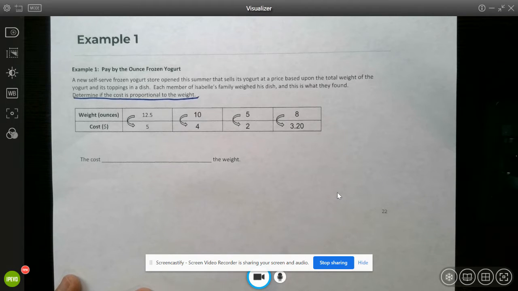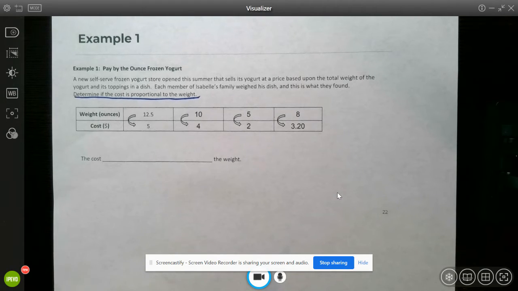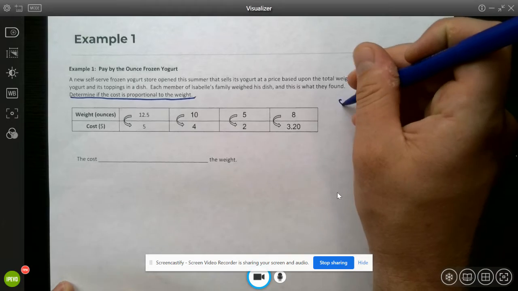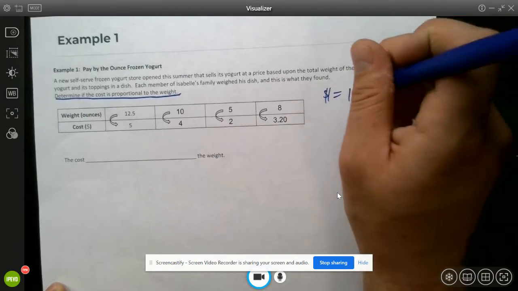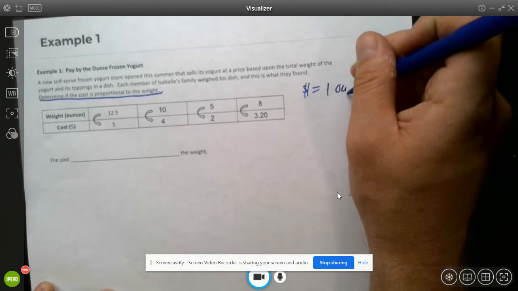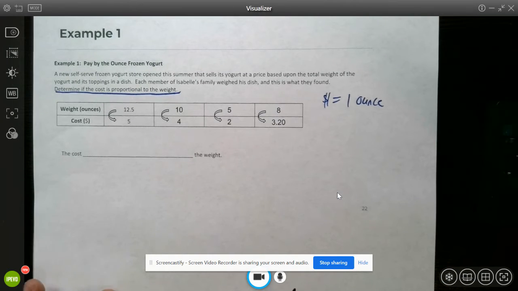If the cost is proportional to the weight, then they pay the same amount per ounce. They have a constant of a certain price per 1 ounce of yogurt, right?